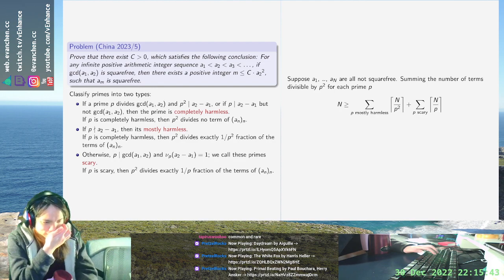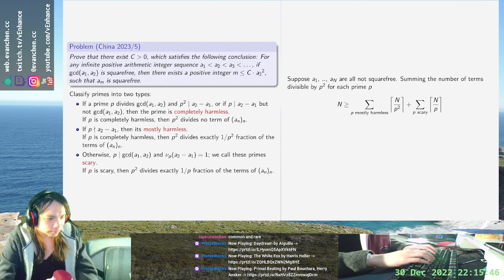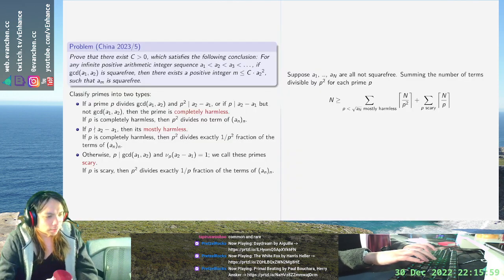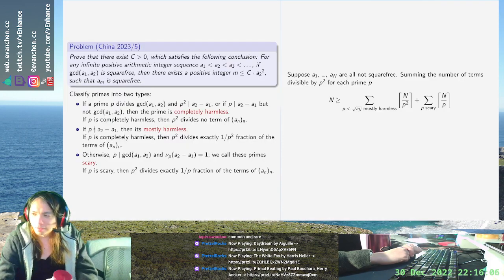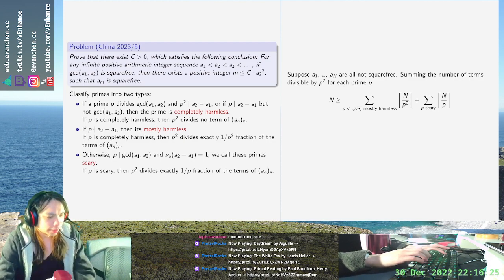Okay, let's bound some of this. So this is greater than... We're going to get rid of the ceilings by just adding 1, because we don't think this is going to be really sharp.